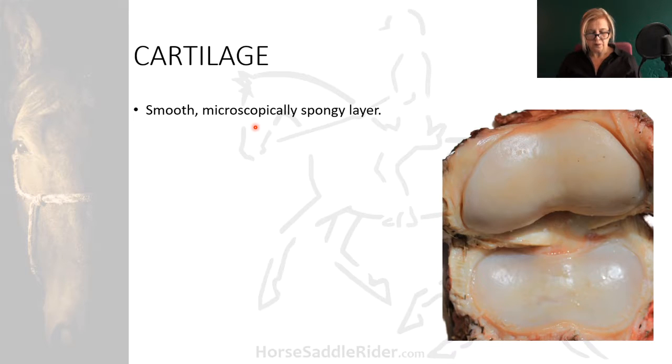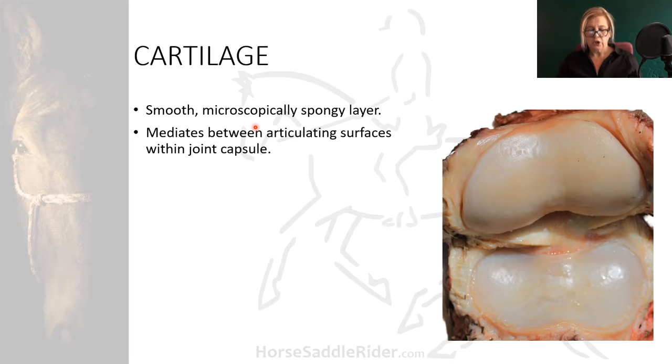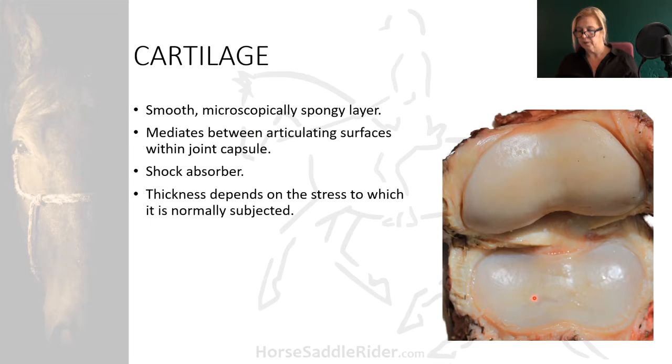Cartilage is a layer of smooth, microscopically spongy, shock-absorbing tissue which mediates between articulating surfaces within the joint capsule. And the thickness of it depends on the stress to which it is normally subjected.